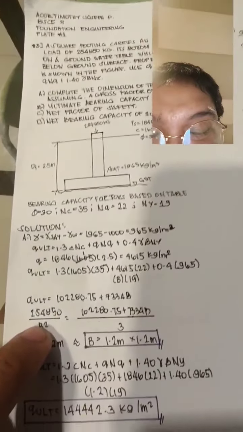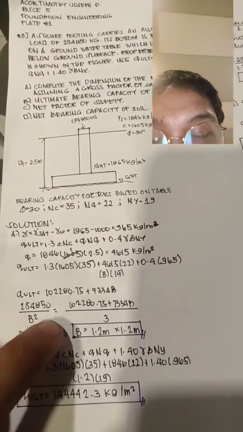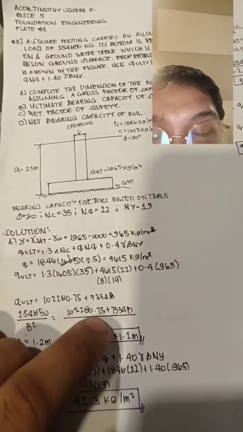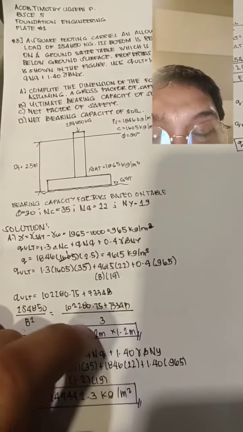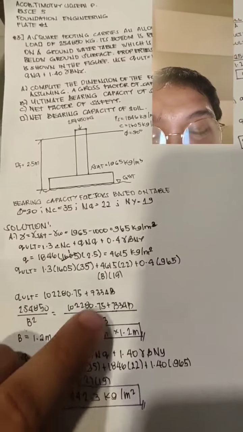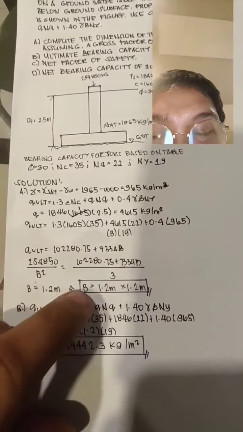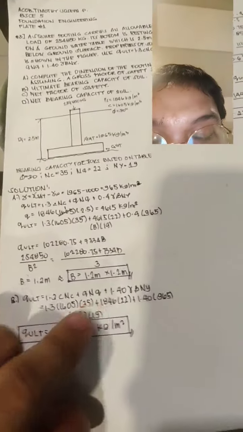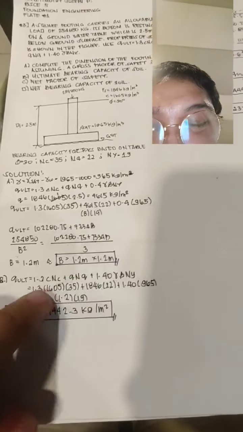We have here the 2548.50 all over B squared to get the B is equal to 1022.80.75 plus ito 7334B all over 3 yung Q ultimate to. So base is equal to 1.2. Therefore, the dimension of the footing is equal to 1.2 by 1.2 meter.